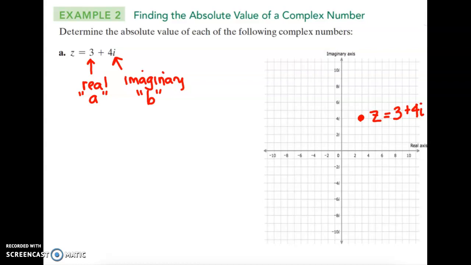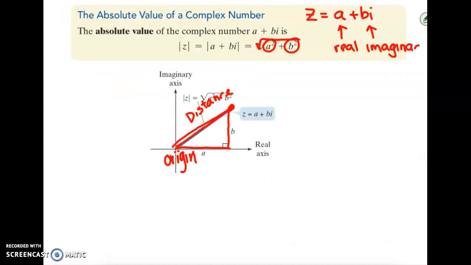So again, to graph it, you go 3 to the right, and then 4 up. And what we're going to do is find the absolute value. So we're going to find out what that distance is. What's the absolute value of z? So we're going to use our rule on the previous slide in the yellow box.